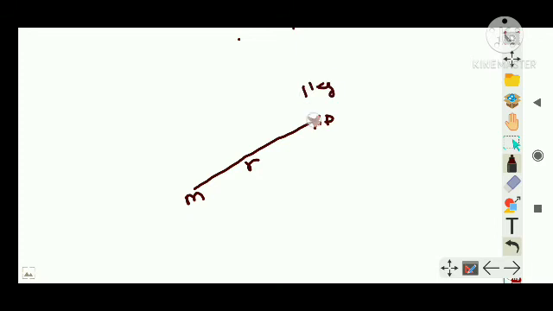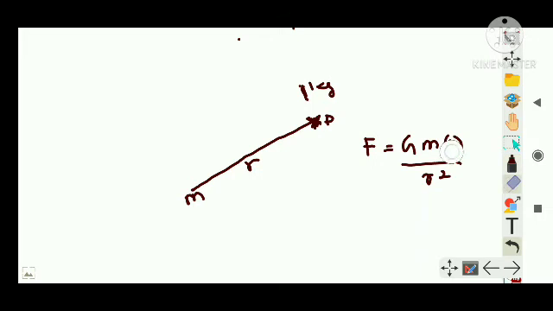So if I bring and keep 1 kilogram mass at this point P, so due to this small m mass at this point P, 1 kilogram will be having how much force? It will be experiencing a force of G m into 1 kilogram by r square, right?